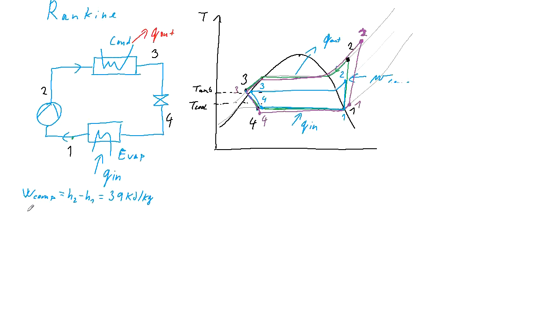The heat rejected in the condenser, Q cond, is the enthalpy difference between points 2 and 3.